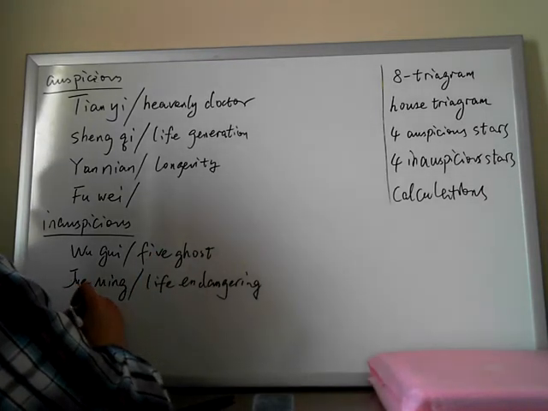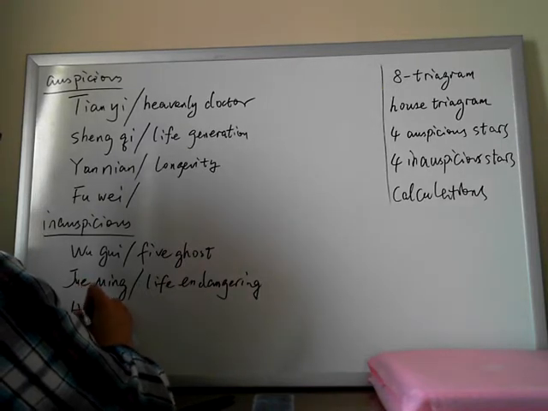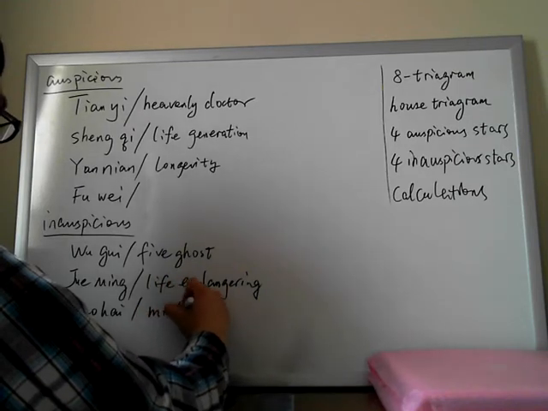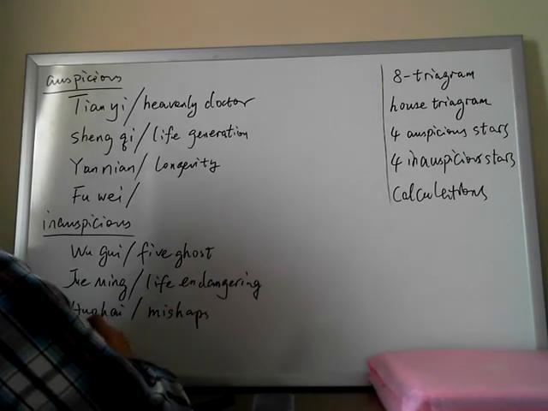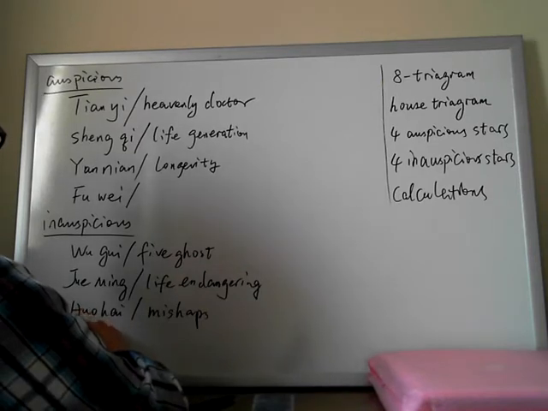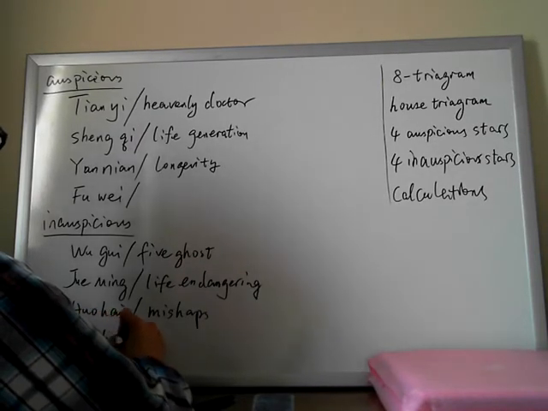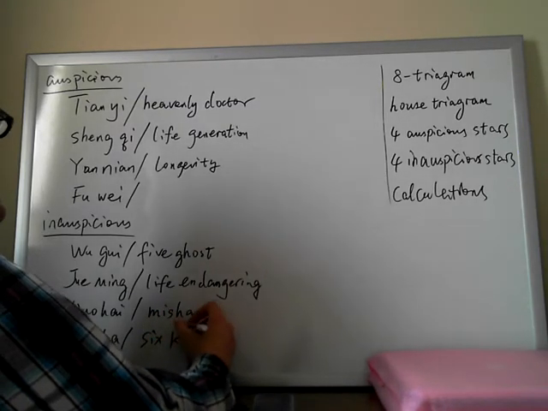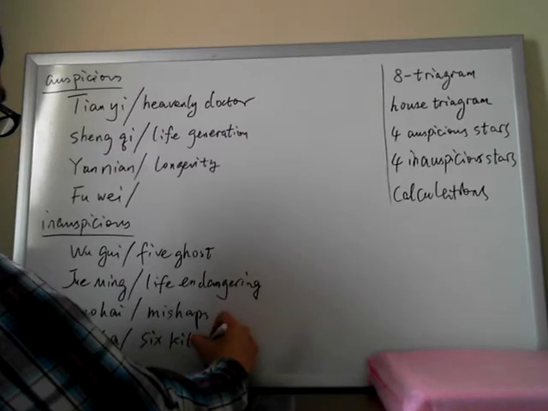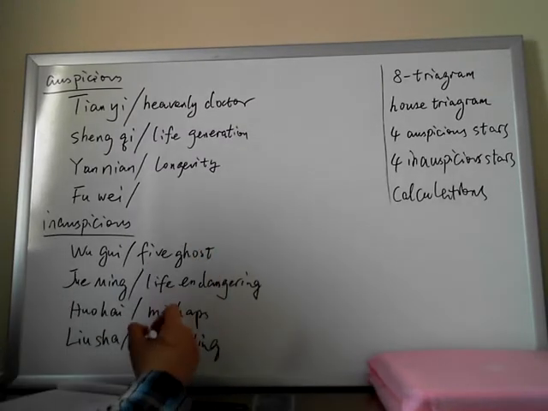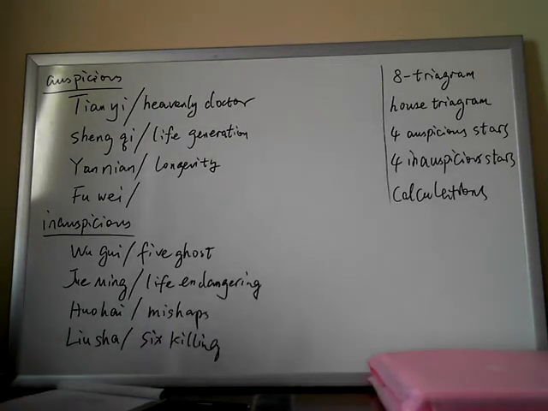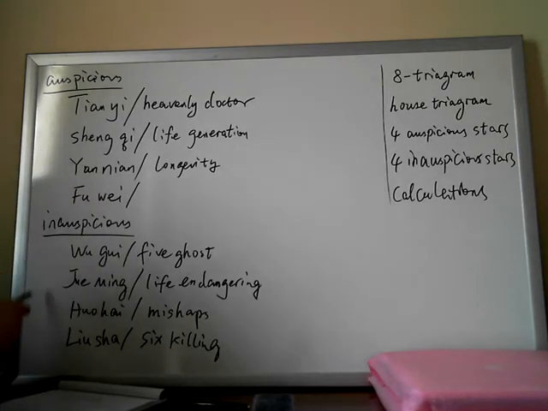Huo Hai: mishaps, and Liu Sha: 6 killing. Okay, so these four are the auspicious stars, and these 4 are the inauspicious stars.